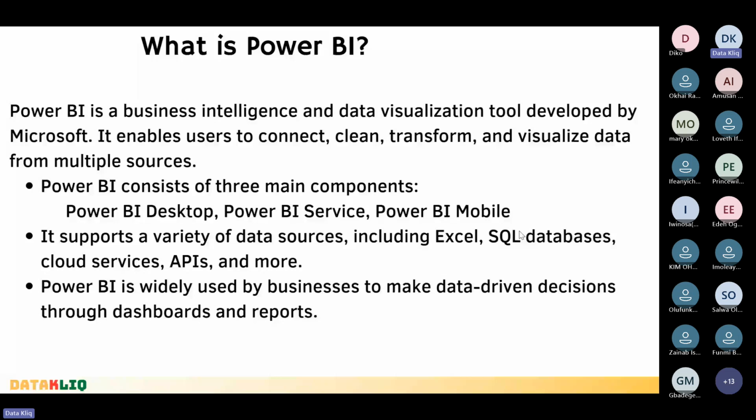Power BI Desktop is the one we install on our laptops and computers. That is where we do the major dashboarding, reports, and all that. Power BI Service allows us to share with others. It is actually a paid version of Power BI, and from there you get to share your reports with every other person you want to share it with.